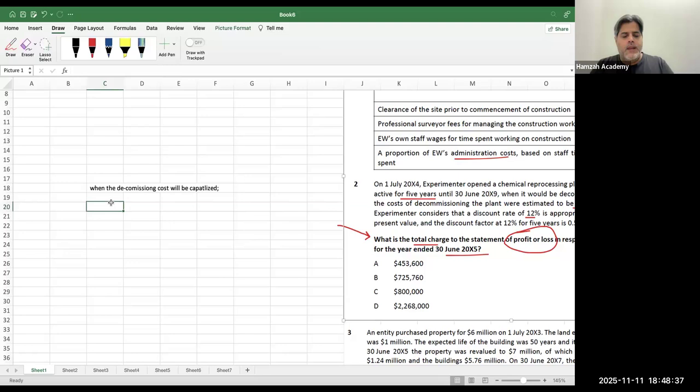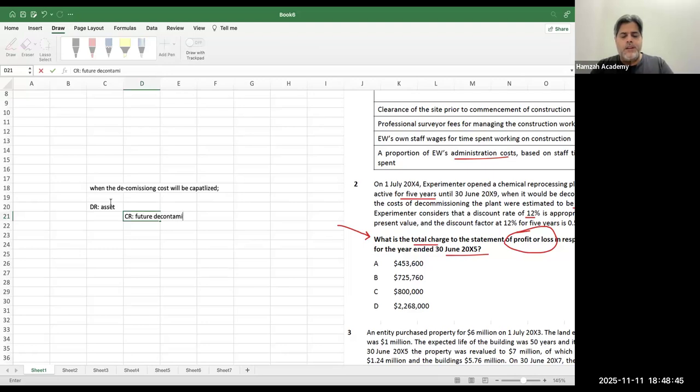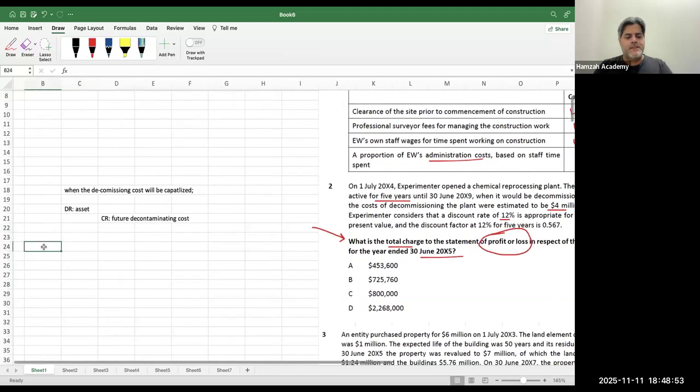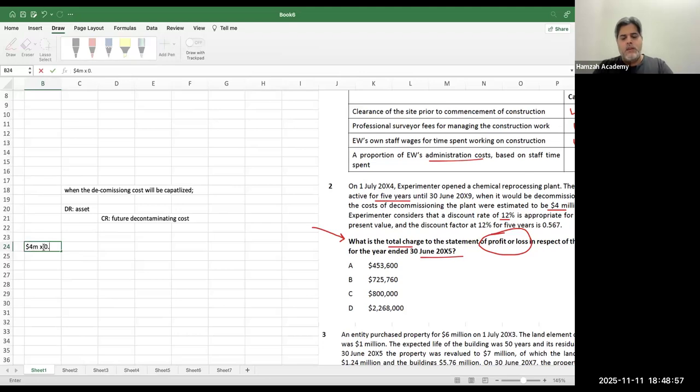We are going to debit the asset and we are going to credit the future decommissioning cost. Now, the cost is 4 million multiplied by 0.567. So 4 million multiplied by 0.567 gives us 2,268,000 over here, right?